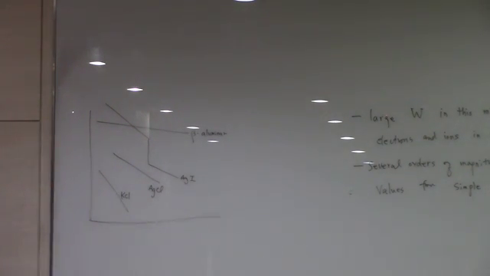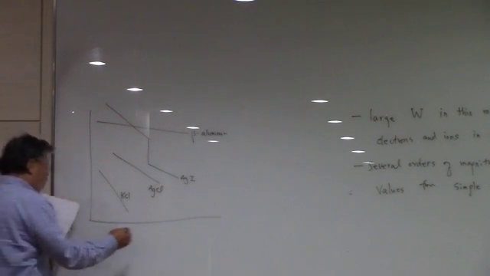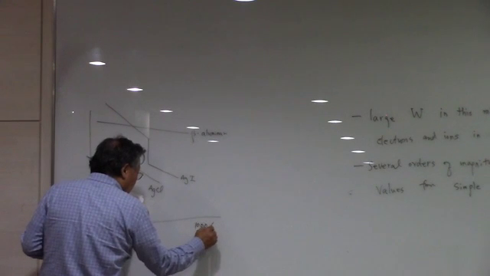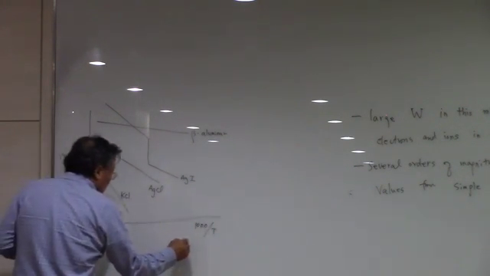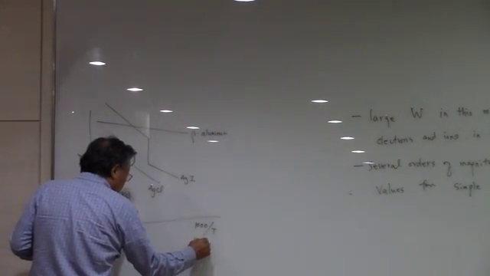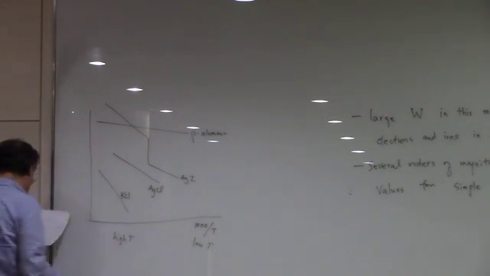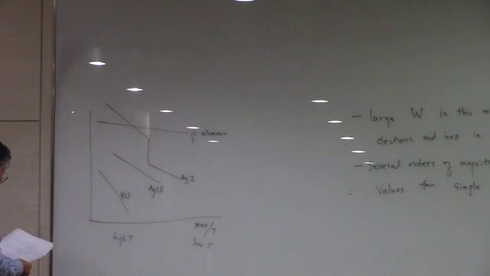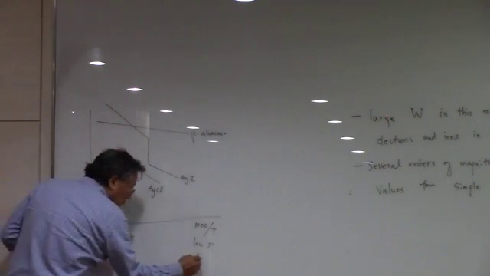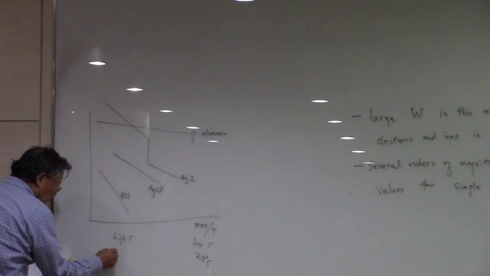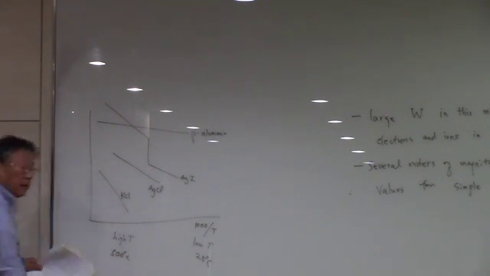You can see the plot in the handout. This is 1000 over T. This is low temperature and high temperature, right? Low temperature means room temperature. High temperature means not exceeding 500 degrees centigrade.